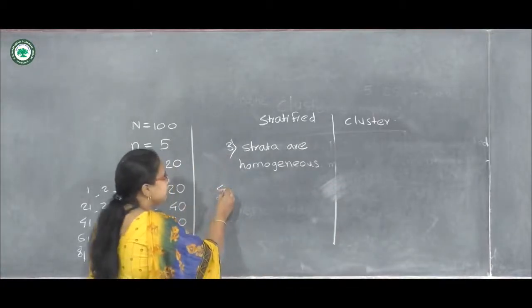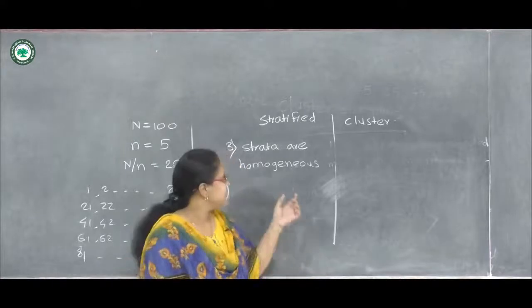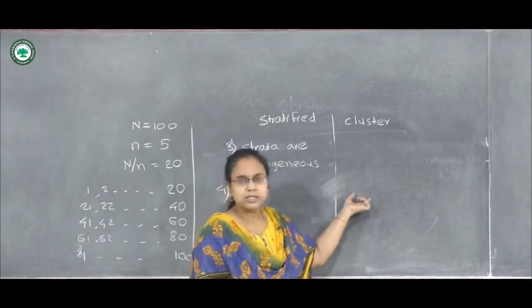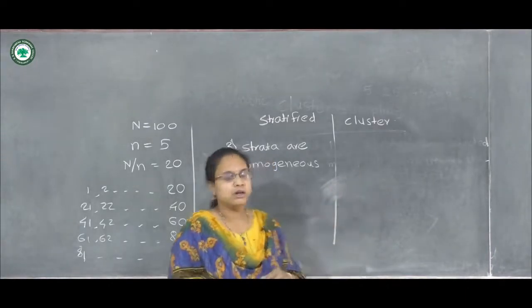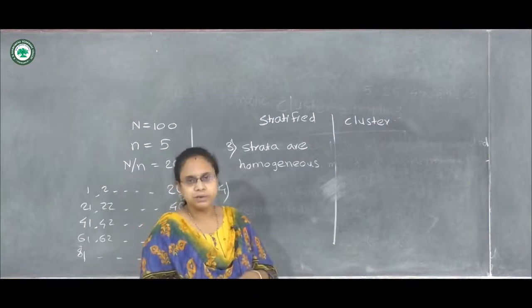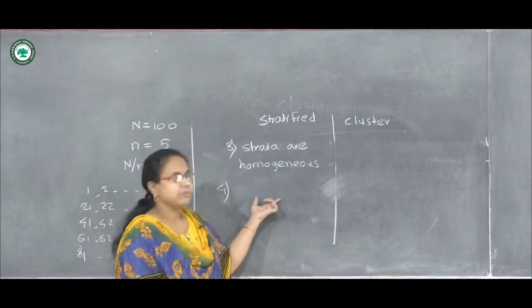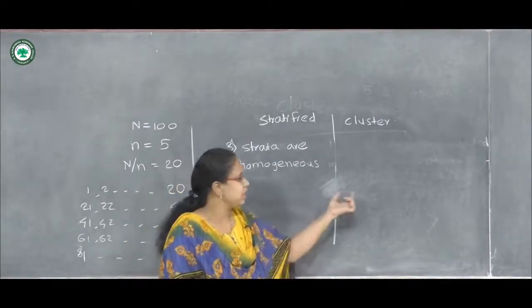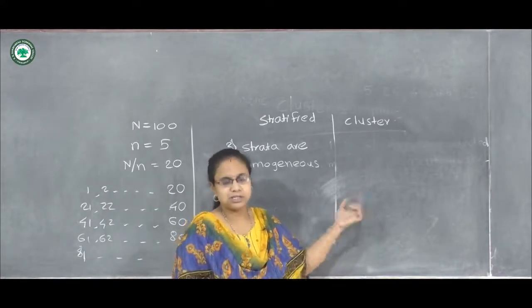The fourth difference is that between two strata the variation should be more, and between two clusters the variation is less. So this is the fourth difference about heterogeneity. Within the strata the variation is less, here within the cluster the variation is comparatively more.